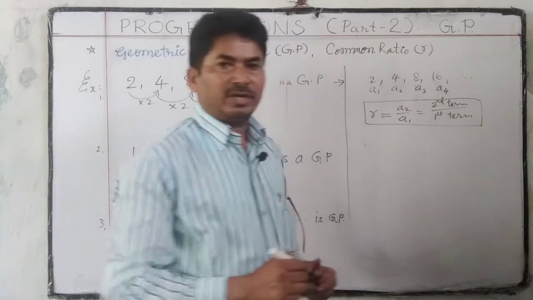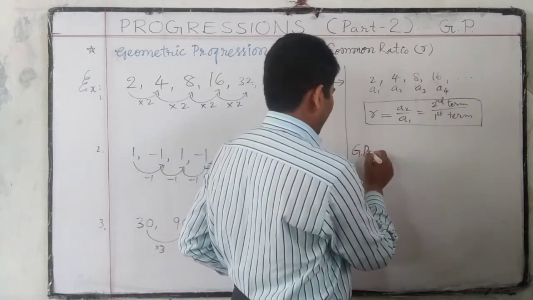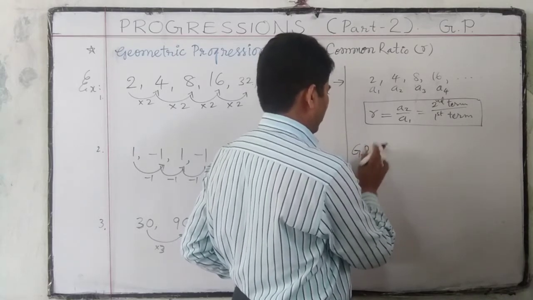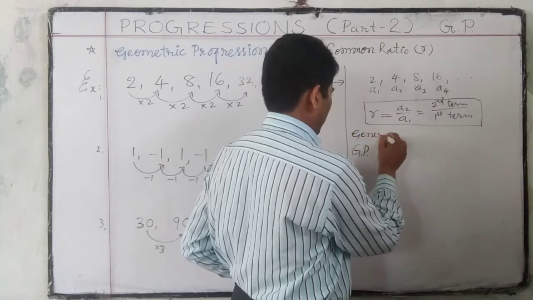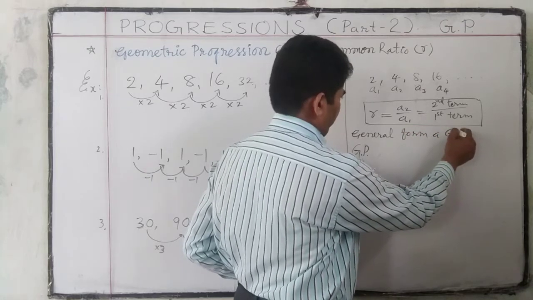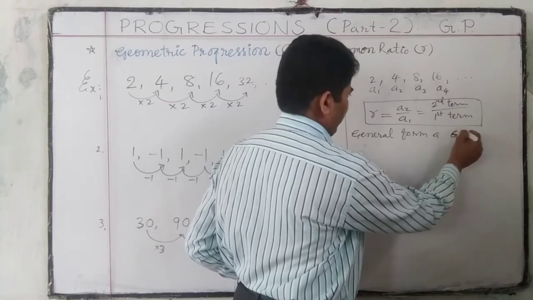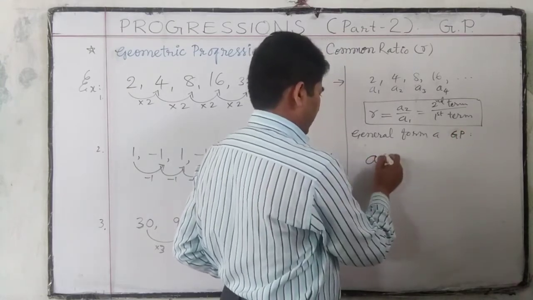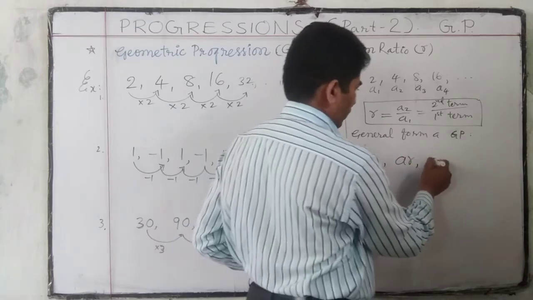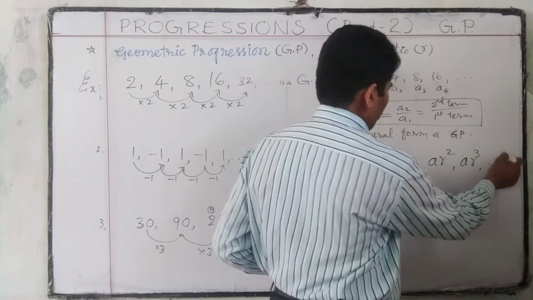So what is the general term of a geometric progression? The general form of a GP is: this is the first term, a, ar, ar square, ar cube and so on.